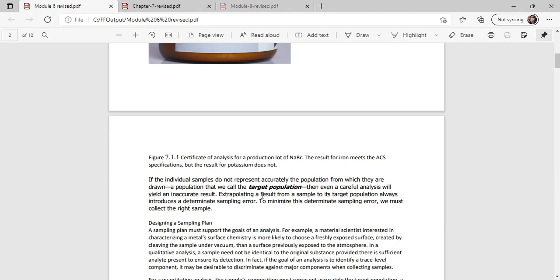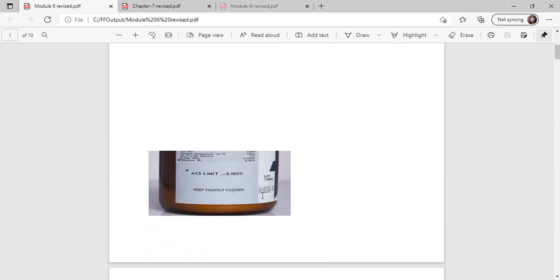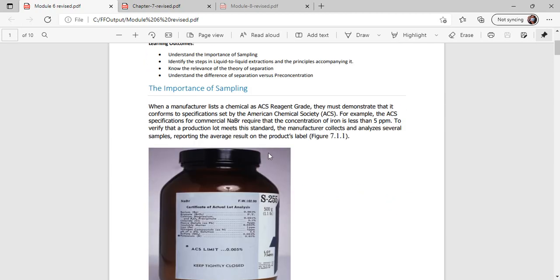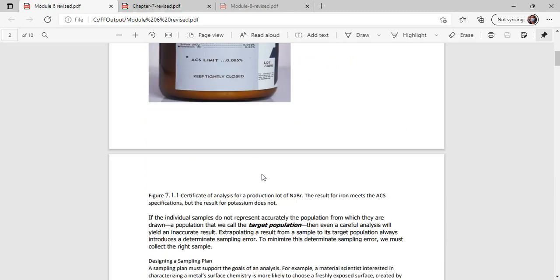Okay? If the individual samples do not represent accurately the population from which they are drawn, what you call your target population, for example, you have a box of your NaBr reagent, ibig sabihin, that is your target population, then even a careful analysis will yield inaccurate results.